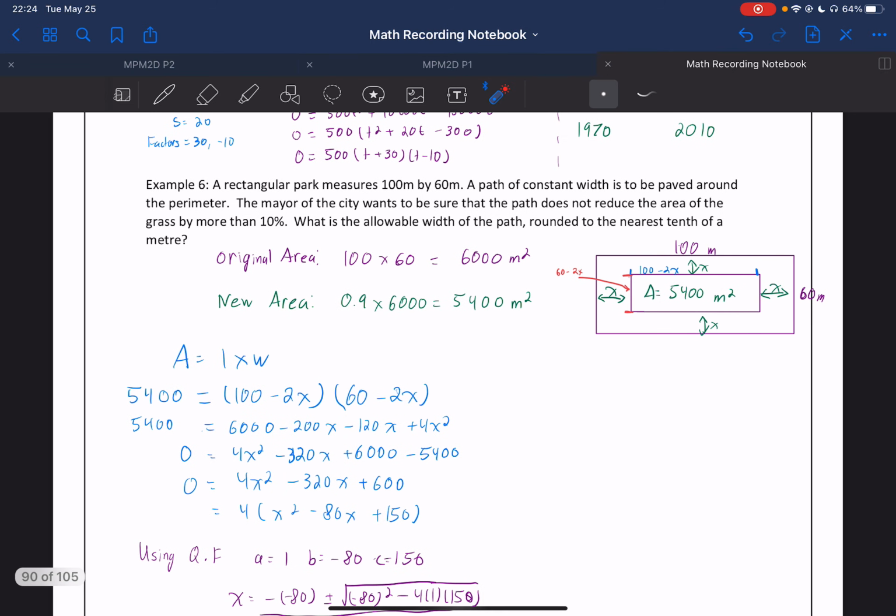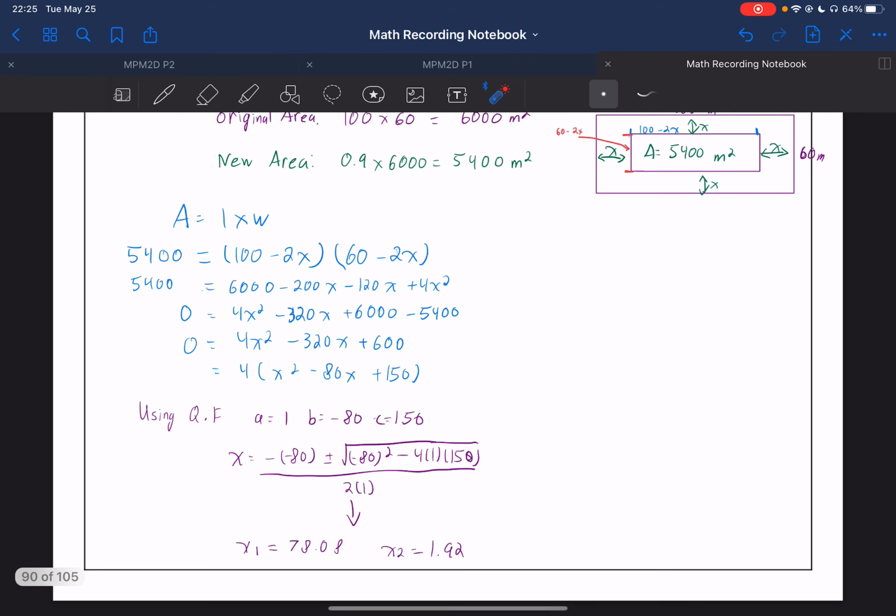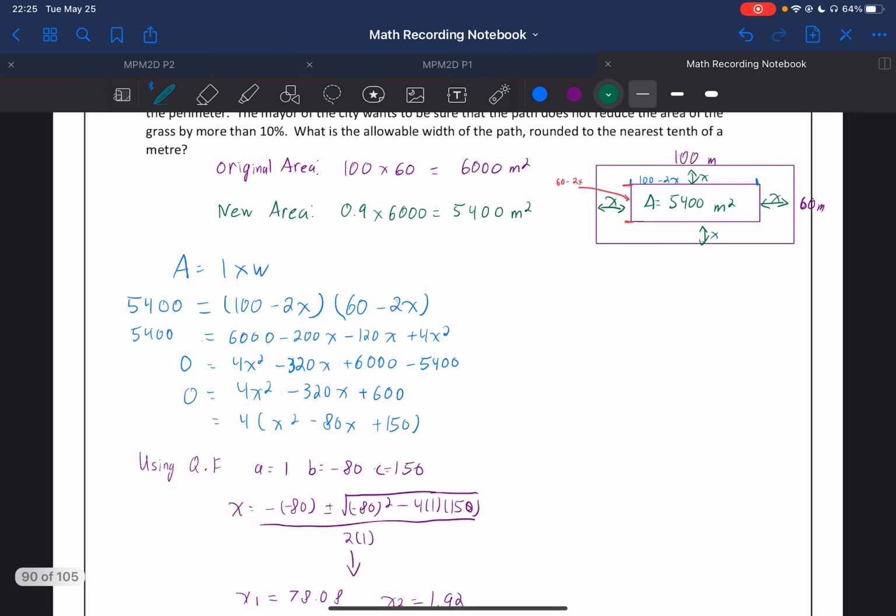If we had our x equaling 78.08 and we took that away from 60, we're going to have a negative distance. That's not possible. We can't have that. So this one is a no-go. That is no use to us.